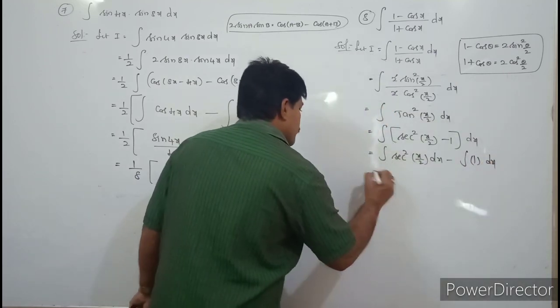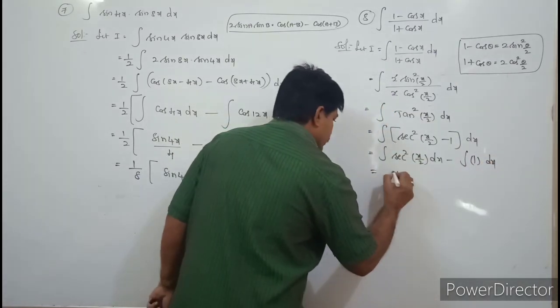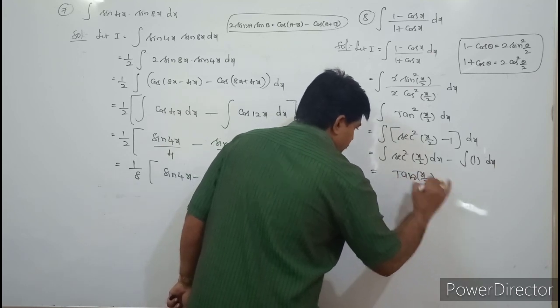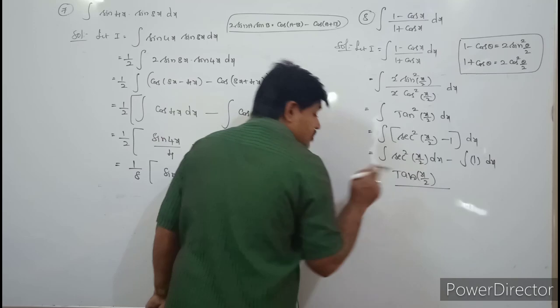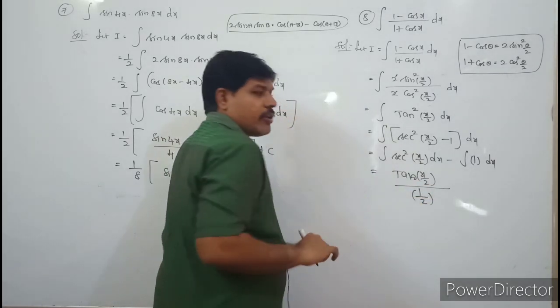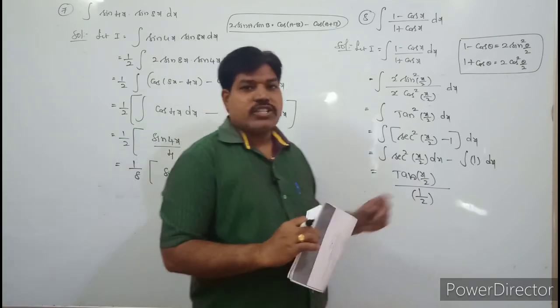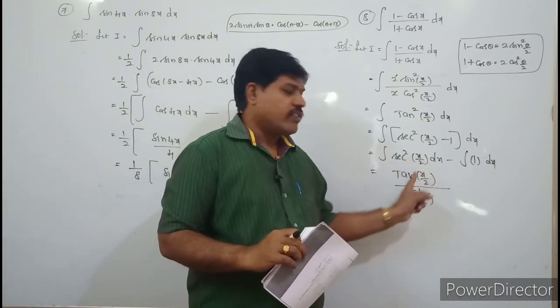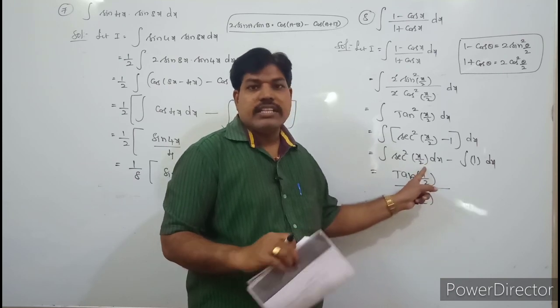What is the integral of secant square x? Integral of secant square x is tan x, but it is not x, it is x by 2.